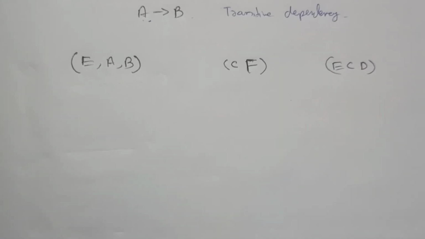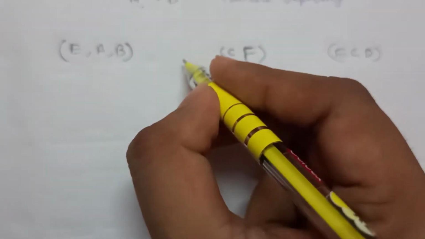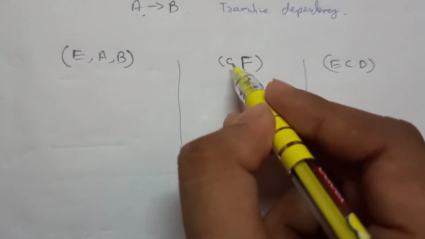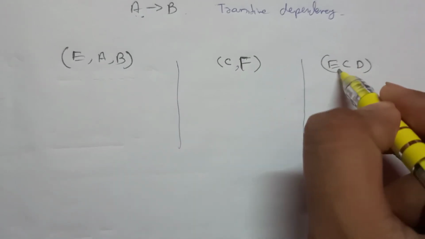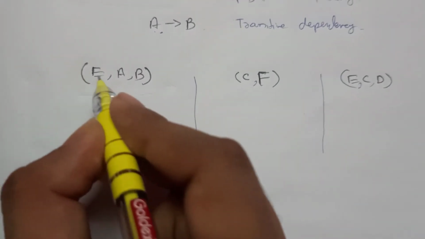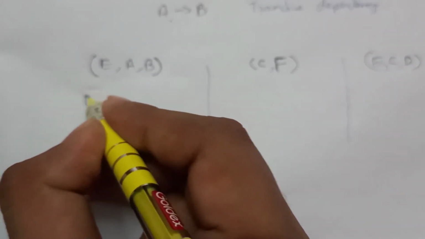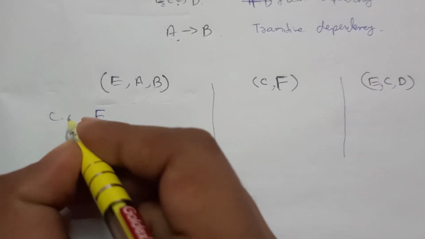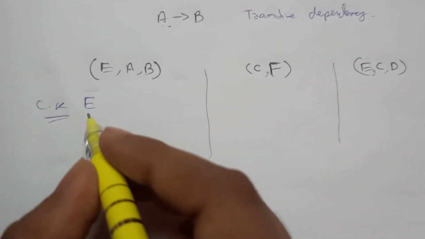So I have broken this table into three different tables. Okay, these three are different tables with these attributes. Here we have three attributes, E, A and B, and here E is our candidate key. Okay, and what are the functional dependencies here?